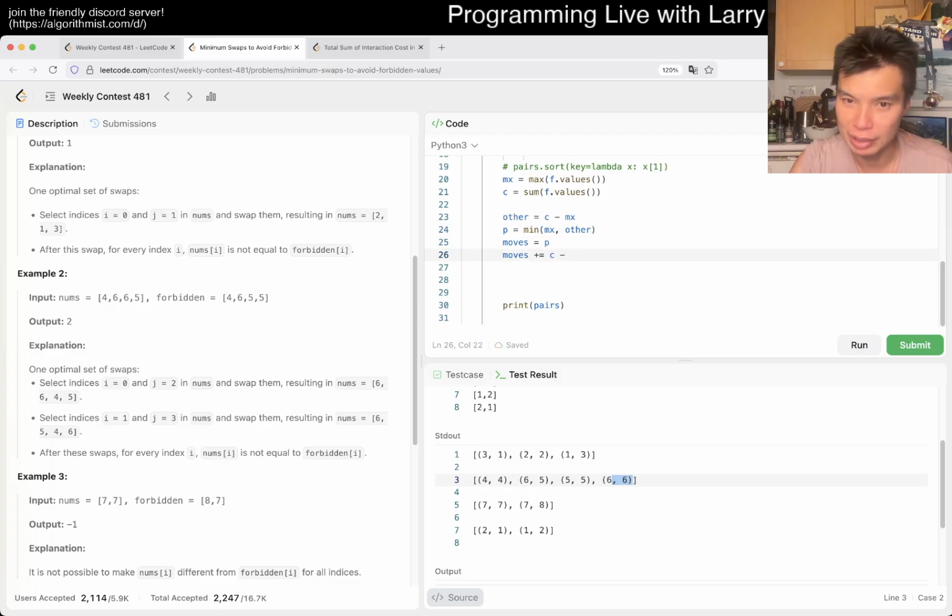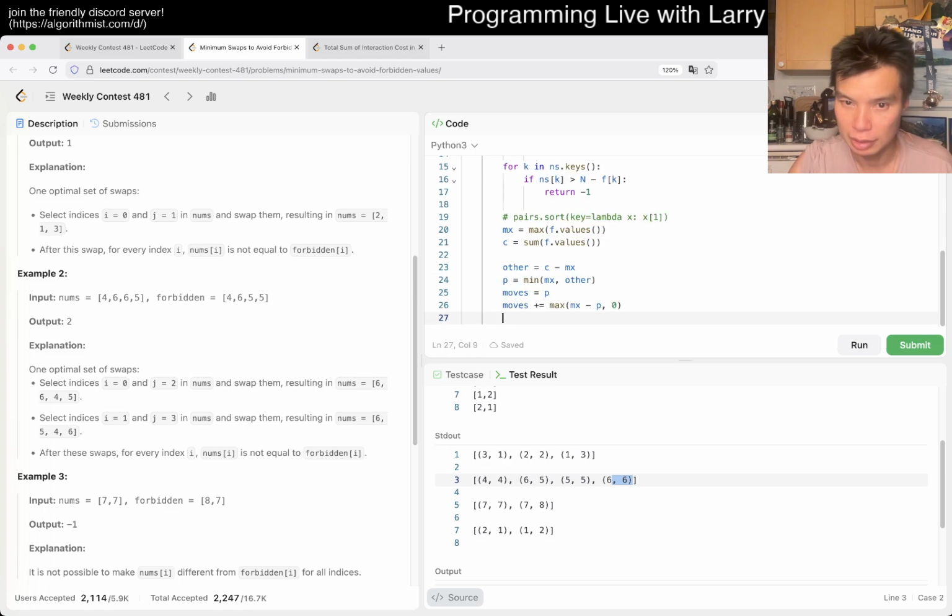Otherwise, after that, you do the max minus p. I think max minus p is a little bit cleaner. No, I mean it's fine. Max minus p. They're the standalones, but of course you want to make sure that this is at least positive, and then that's it.